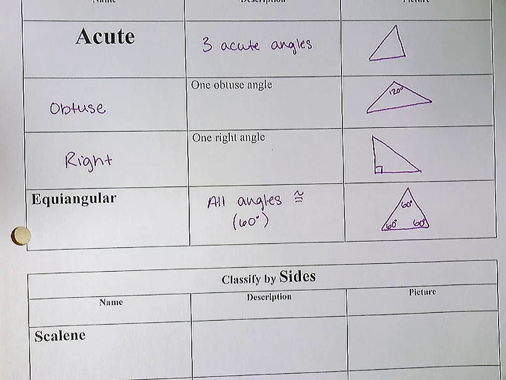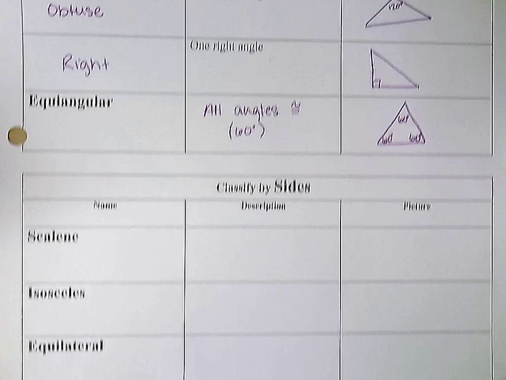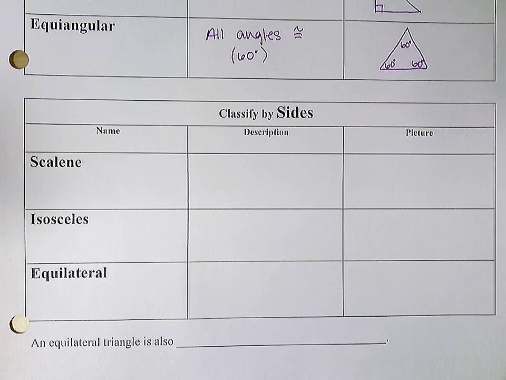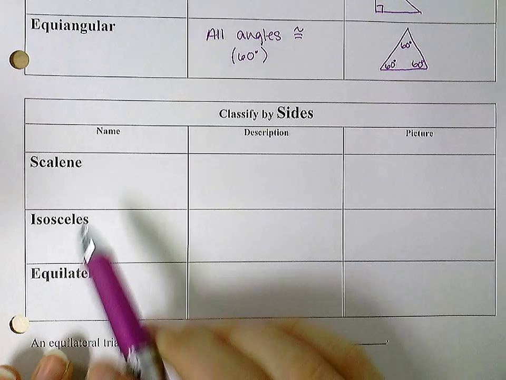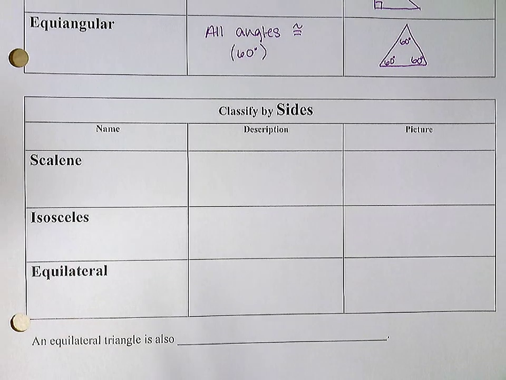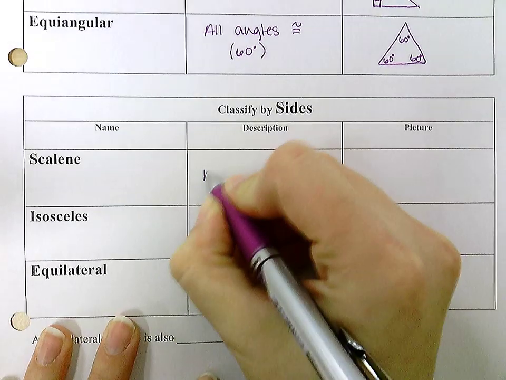Now what we want to do is go over our classifications by sides. So now we're talking about the sides of your triangle. The first type is a scalene triangle. That is when no sides are congruent.